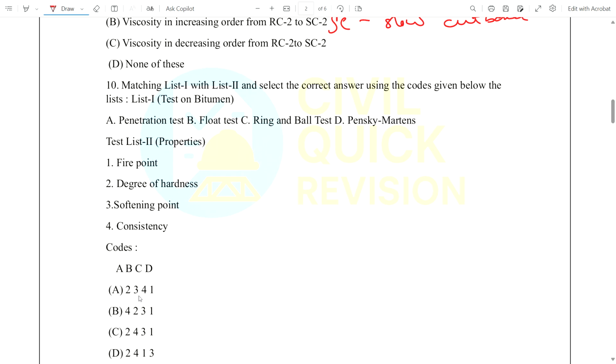So A4, you can see. Next, for the float test, what will be the property? It will be the degree of hardness. To check the degree of hardness, you can do the float test. And the ring and ball test is mainly for the softening point. So C3, the option will be the B answer. And Pensky-Martens checks the fire point.